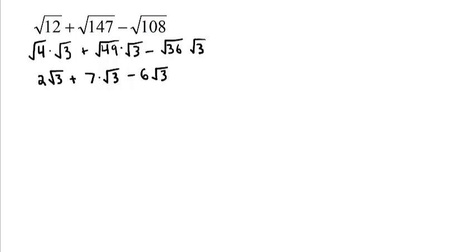Now we have the same numbers under the radicals. We have a 3, a 3, and a 3. And now we could add together the values that are in front of the radicals, which would be a 2, a 7, and then the negative 6. And you could treat the radicals just like if you had variables. So like imagine if you had 2x plus 7x minus 6x.